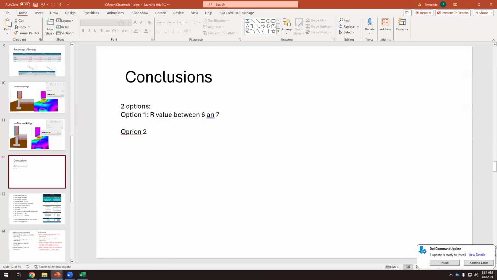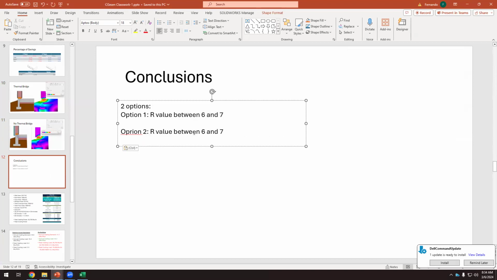The R value is between 10 and 11. We are getting better, but we are far from a good value that should be between 30 and 50.